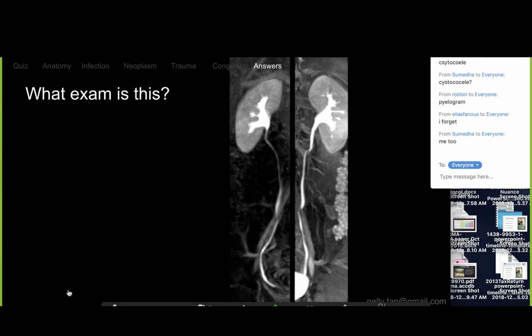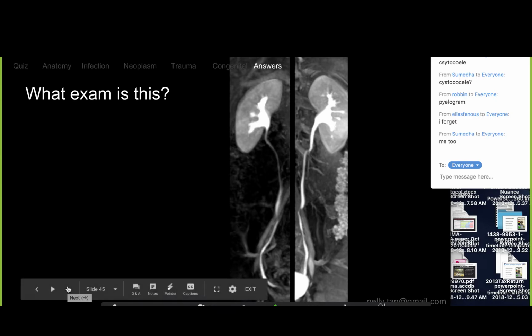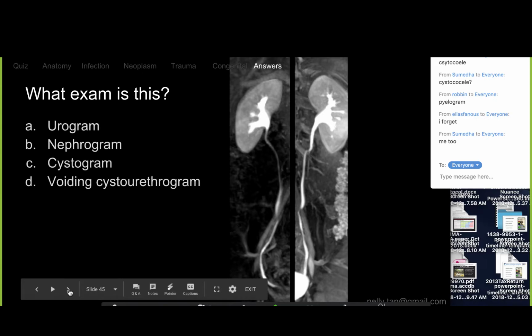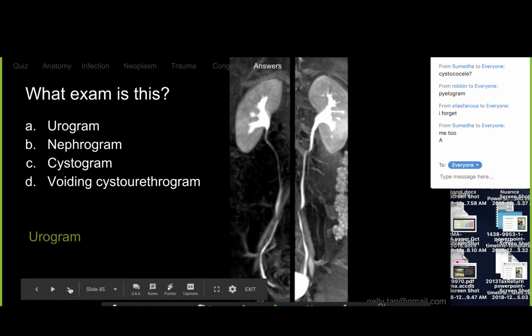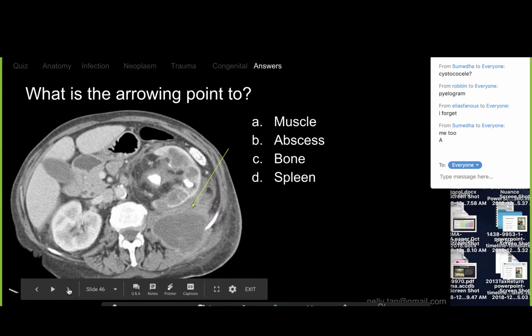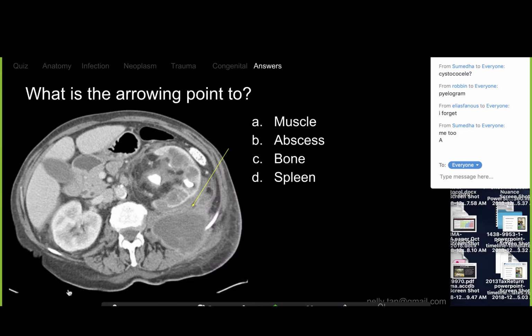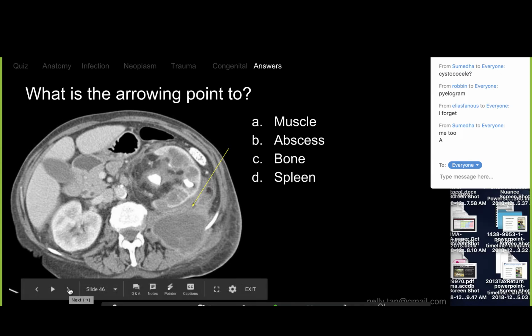So going back to our quiz questions, what is this exam? Have I lost you guys? Everyone? Good. So it's a CT urogram or MR urogram, good. And what is this? Abscess, muscle, bone, spleen.